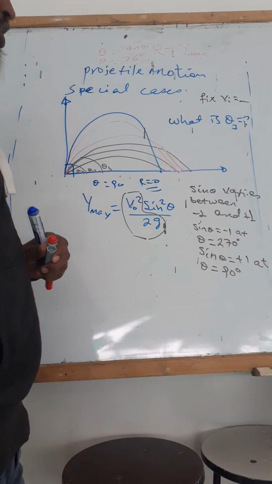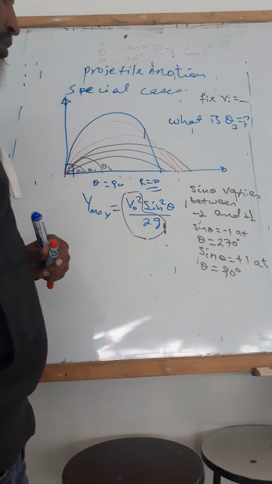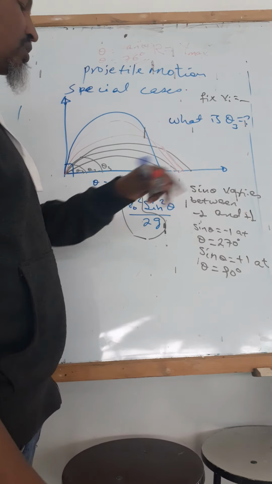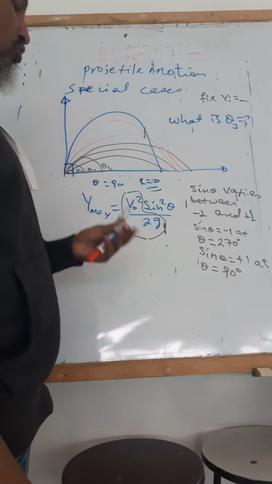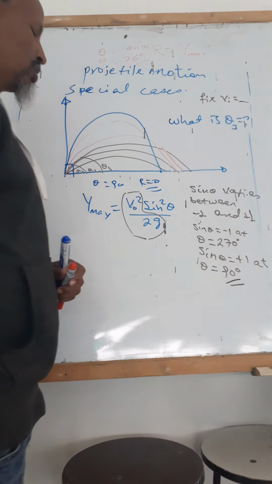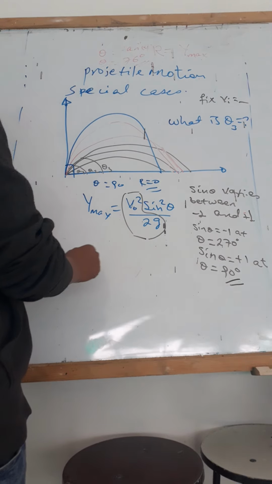This is from trigonometry. Therefore, the maximum value of sine theta and sine squared theta is at theta equal to 90 degrees.